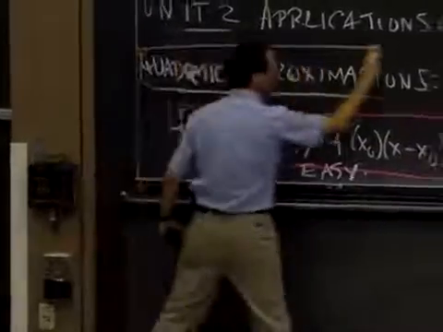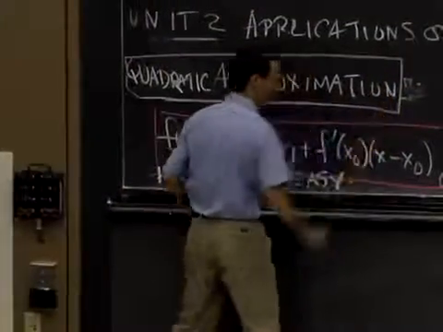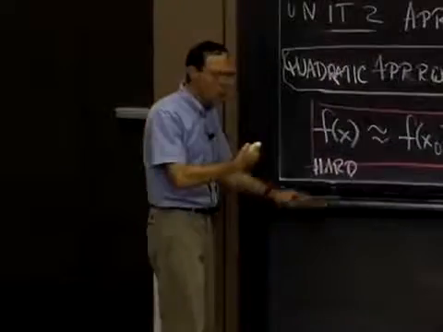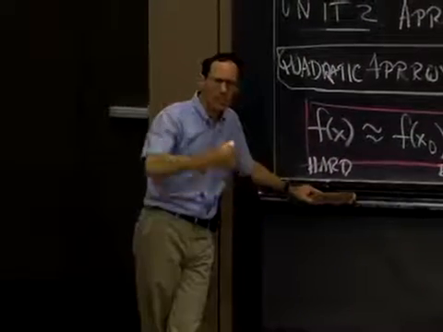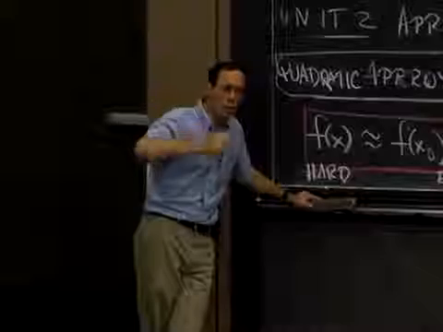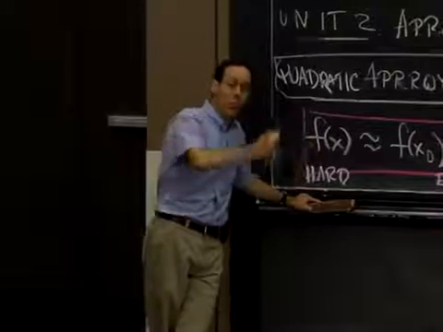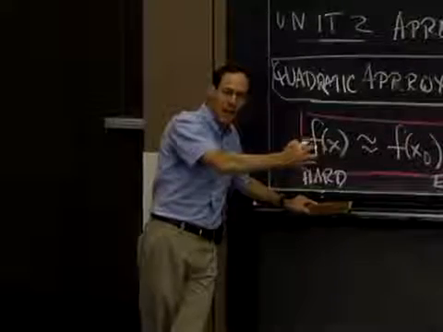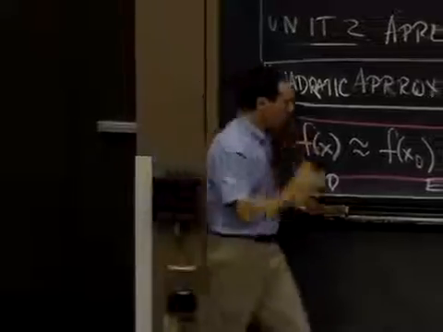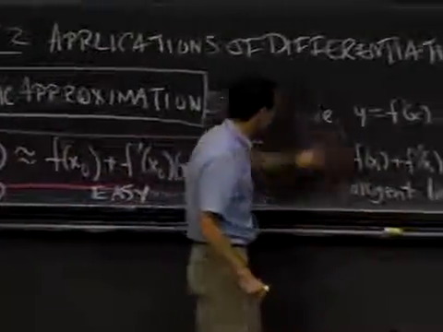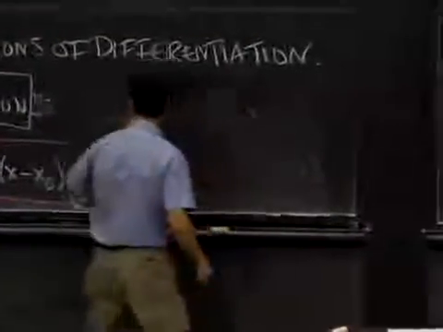Suppose we talk about a quadratic approximation here. The quadratic approximation is just an elaboration, one more step of detail from the linear. In other words, it's an extension of the linear approximation.